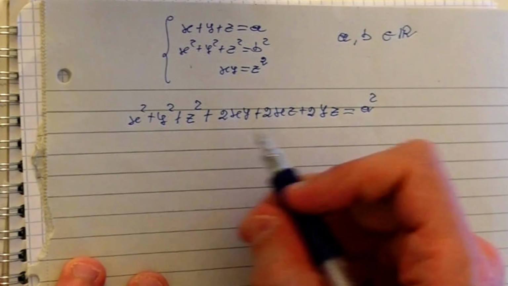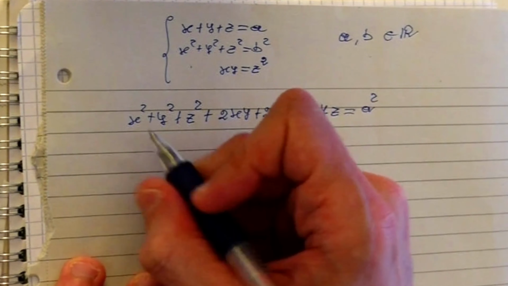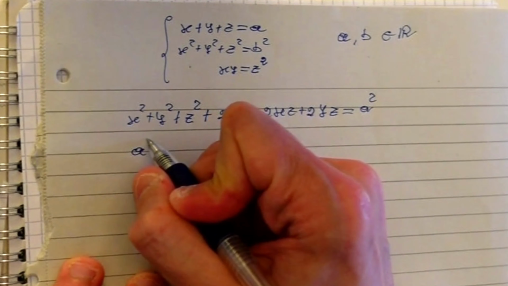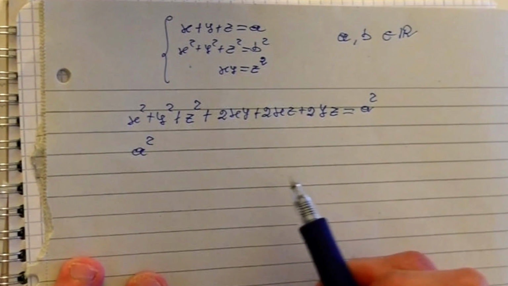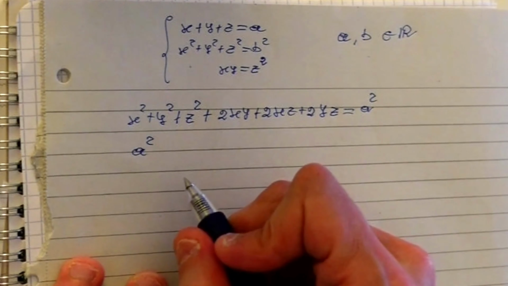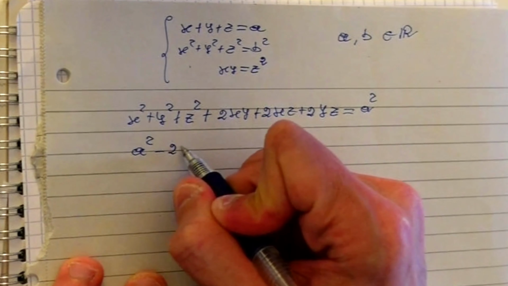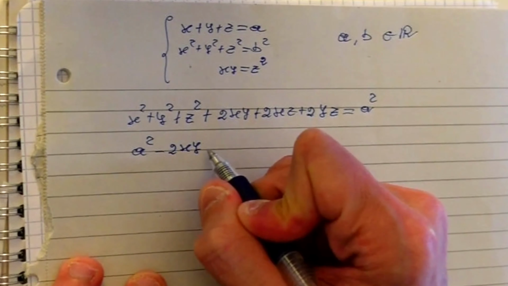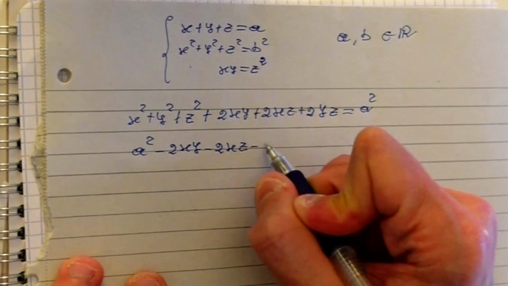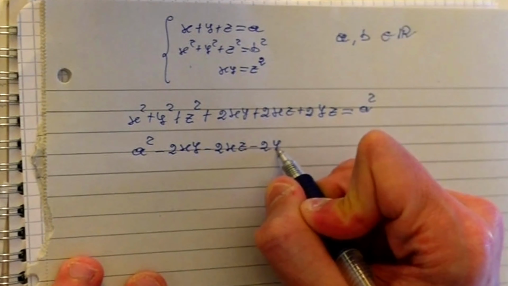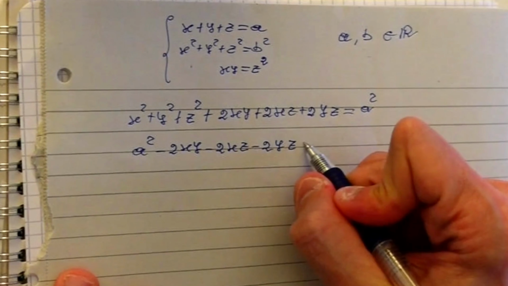So what we have here, we just recast this equation as a squared, and then we bring all those guys to the other side. So we have a squared minus 2xy minus 2xz minus 2yz.